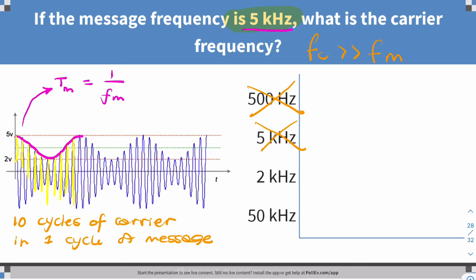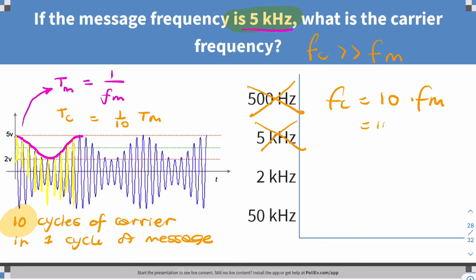So that means that TC is 1/10 of TM. You can do the maths and find FC, or you can say, well, it's pretty obvious from there that FC will be 10 times FM.